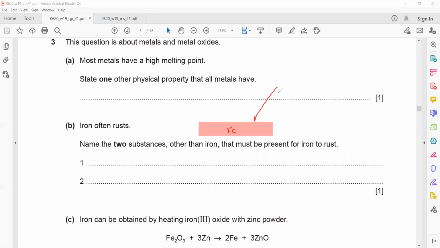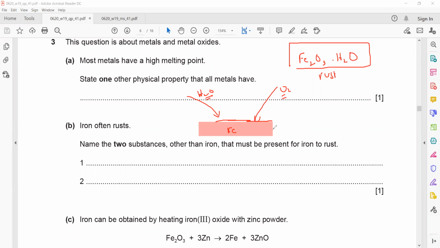Iron reacts with oxygen and water vapor in the atmosphere, and it forms hydrated iron 3 oxide, Fe2O3.H2O. So you can see it is a hydrated iron oxide, which is red brown, and we also call that rust. So for this rusting to occur, iron should react with oxygen and water vapor. That's why both are required to form this layer of rust on the surface of iron.